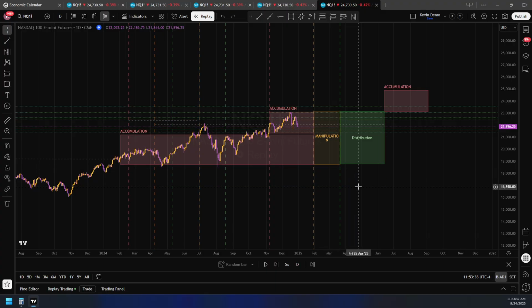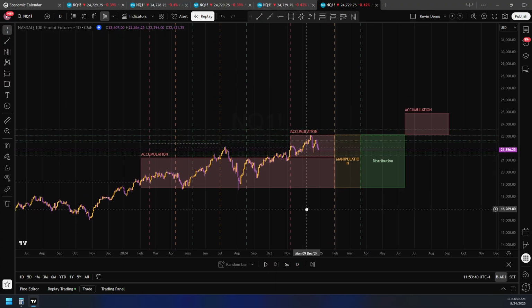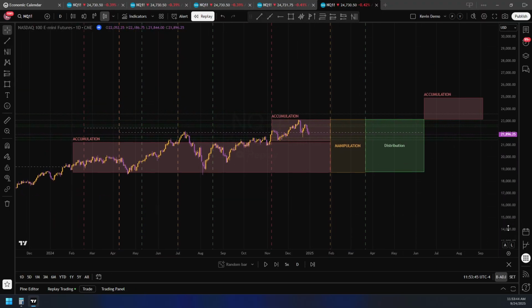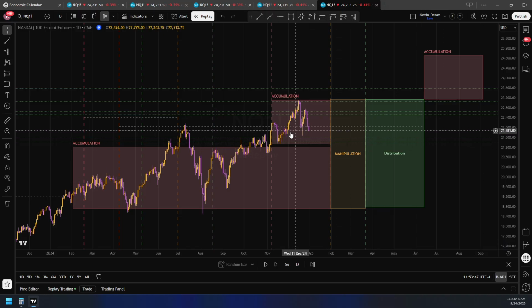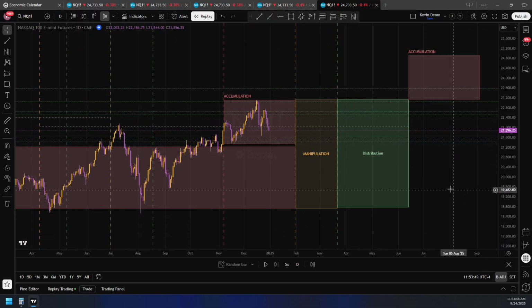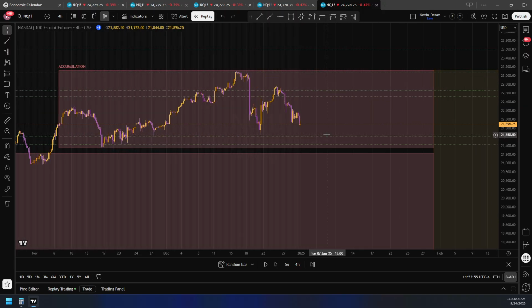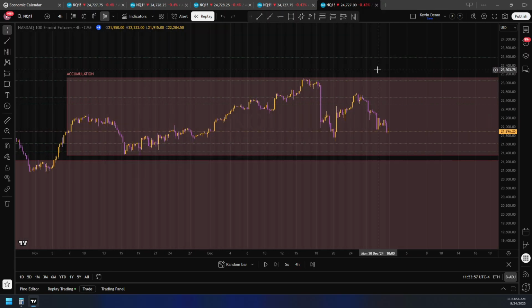So we've got our initial map here. We know what phase we're in. Now let's zoom in to a 4-hour chart and look at what's going on here. Okay. So yeah, we were talking about the liquidity sweeps.